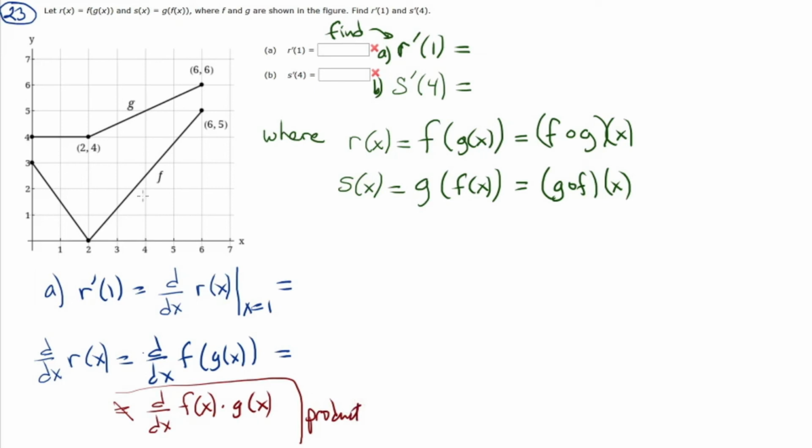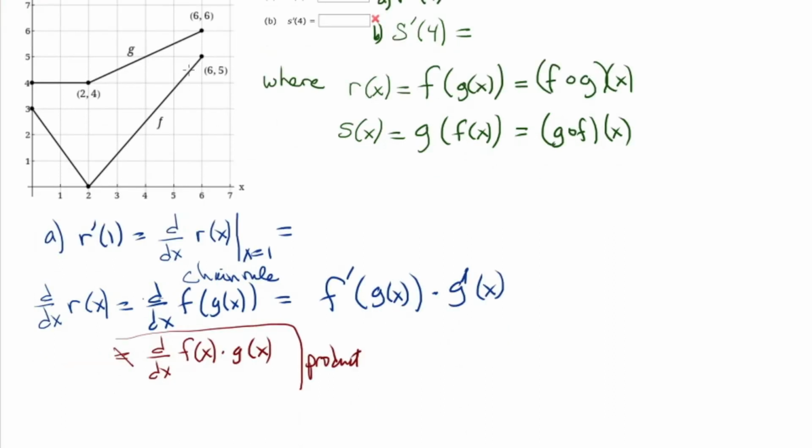This is a function of a function, so this requires the chain rule. Okay, good. And the chain rule just says that this is the derivative of f of g of x times the derivative of g, g prime of x. Fine.